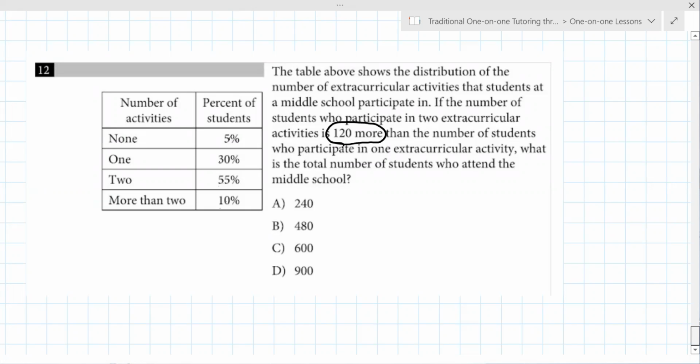Okay, so maybe in your own words, and maybe we need to read this again, but if we know how many students do one activity, then we can figure out that the ones that do two is 120 more than that.